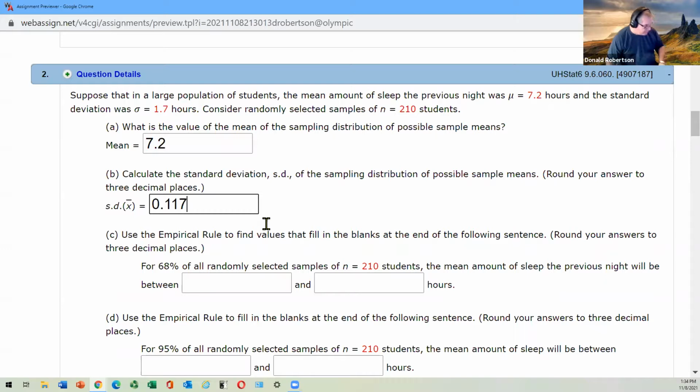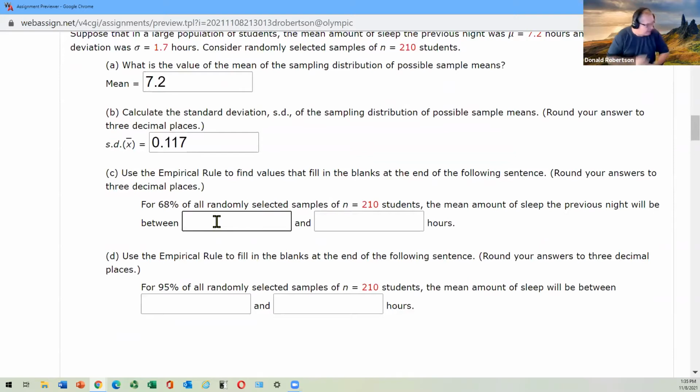Are you happy that the mean is the same as the population and that you use a formula for the standard error? Are we good? Oh, by the way, aren't they calling it standard deviation this time? And maybe next time they'll just call it SD. Who knows what they're going to call it? It's the same thing.